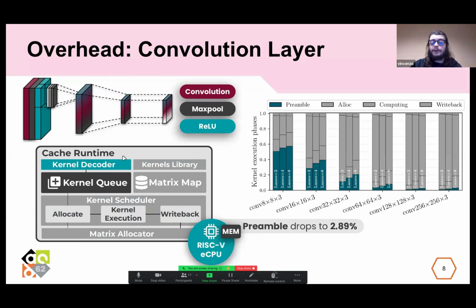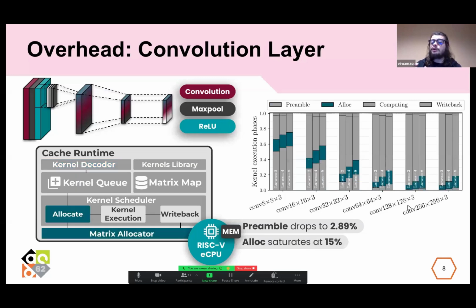We see that the preamble phase comprises just the software decoding part, which is what gives us the software extendable ISA. It drops to less than 3% when we increase the matrix input sizes. This is a strong insight that we are not paying that much for the capability of having a runtime configurable software ISA.